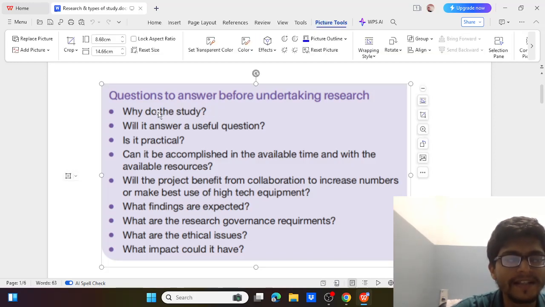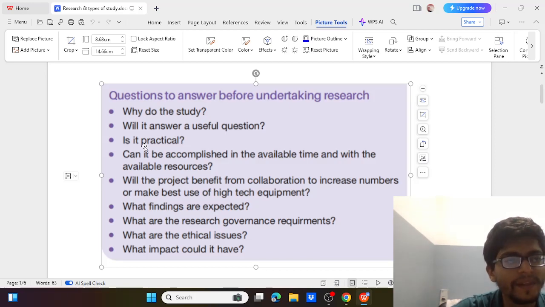Is it necessary? Is it helpful? Then, will it answer a useful question? Whatever hypothesis or question we have, will our research give any solution or answer to the question? That should be the goal.